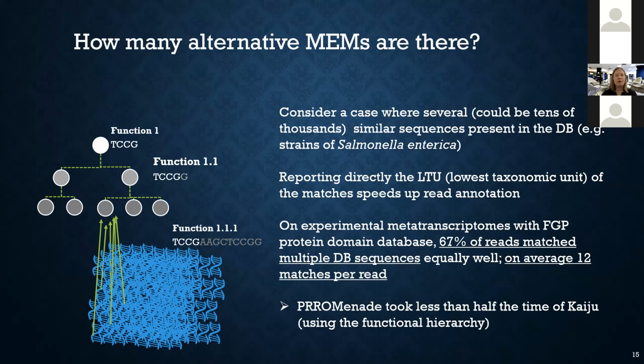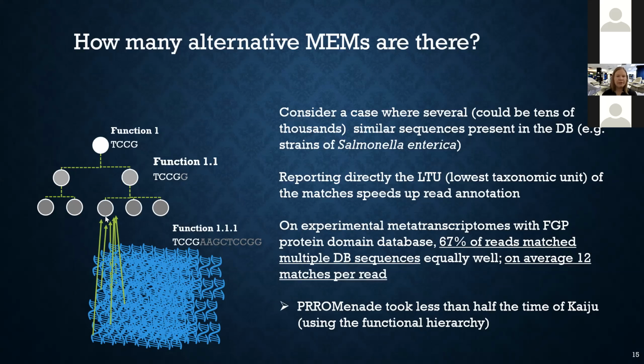For example, some known pathogens like Salmonella enterica have tens or hundreds of thousands of sequences. And if you want to add all your proteins or protein domains and genes and genomes from these strains, you may end up with a lot of matches to some queries in your sequencing experiment.